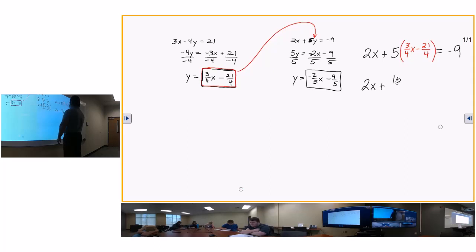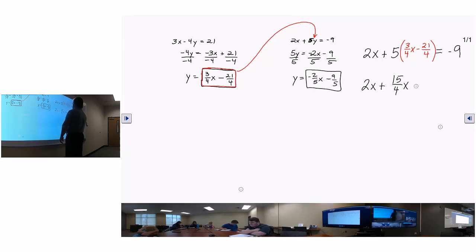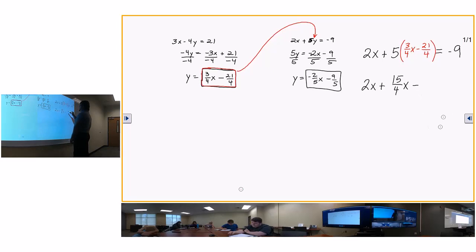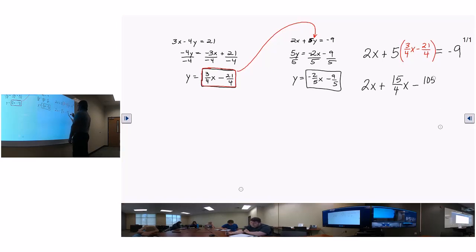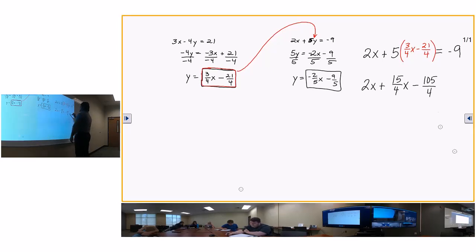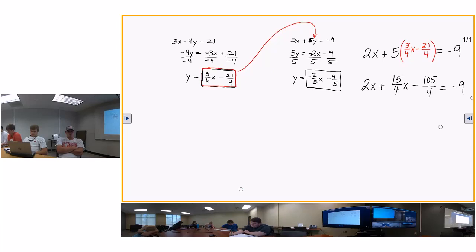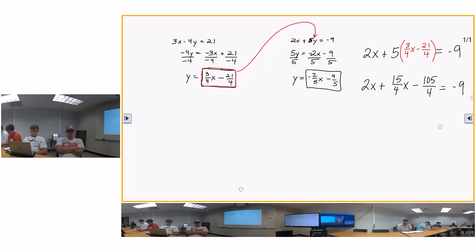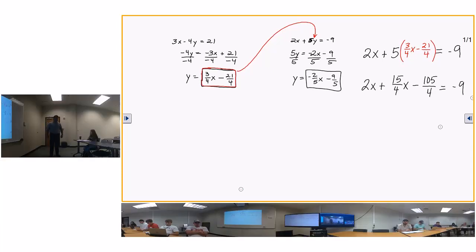So 15/4 x minus 5 times 21, 105, over 4 equals -9. Well, I'm dealing with fractions, so I'm going to get what? Common denominator.